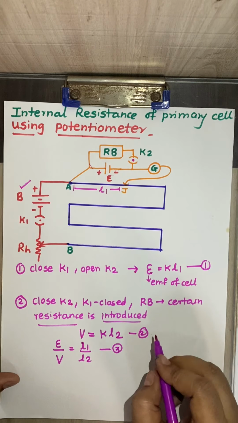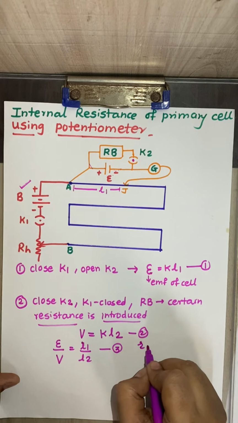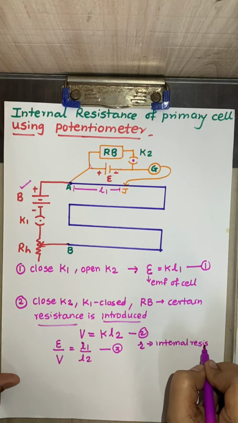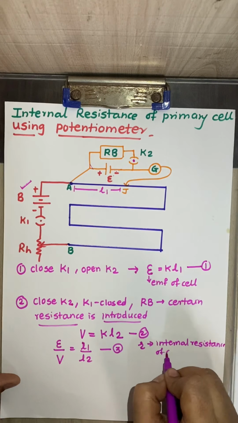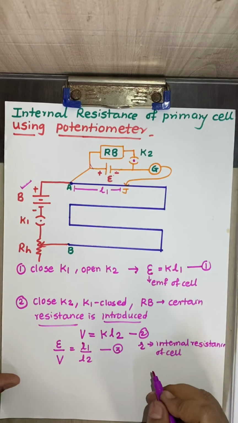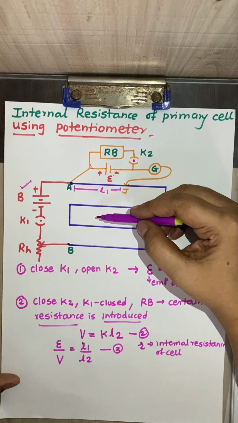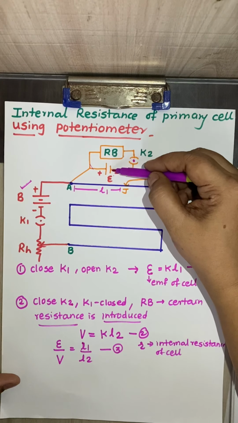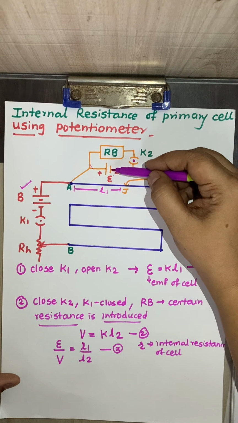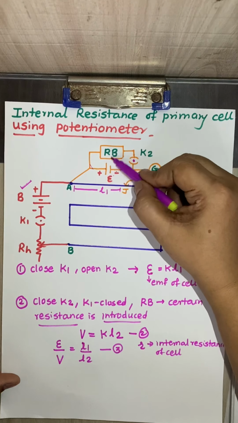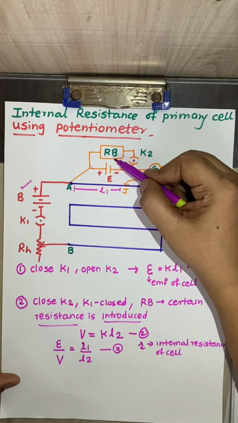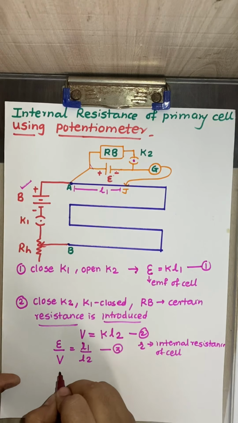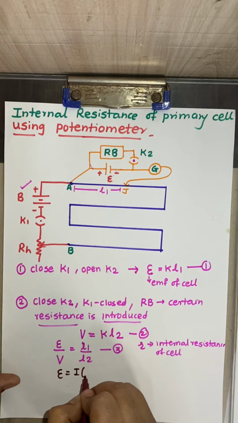Now if small r is the internal resistance of the cell, then whenever that particular cell is shunted with the resistance box, that is, whenever the current I flows through the cell, shunted, means parallel, with the resistance R, then we have studied this formula also, that E is equal to I(R plus r).